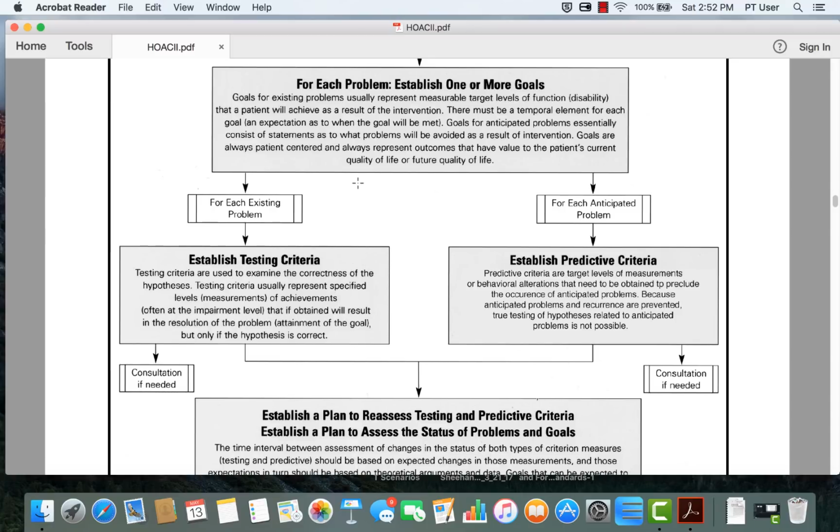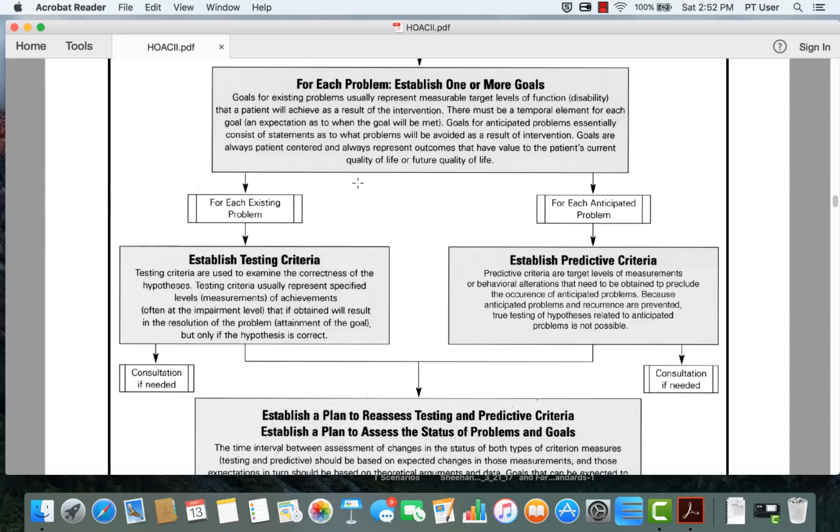We establish testing criteria to see if we are correct about our hypothesis. We establish predictive criteria to see if we are right about our rationale and the behavioral alterations we said we need to make. Okay. That's all you need to understand right now.